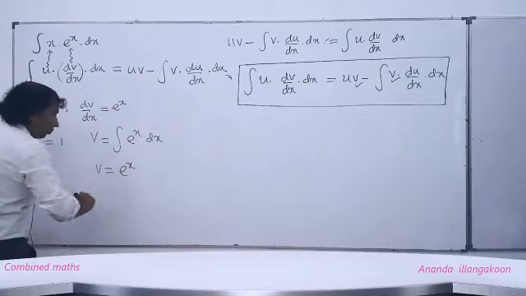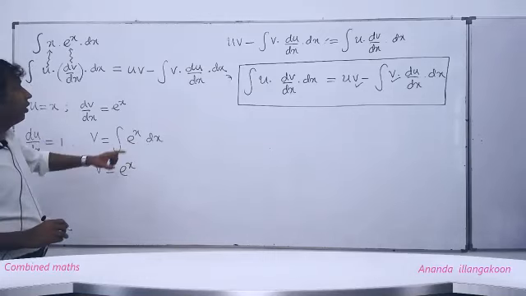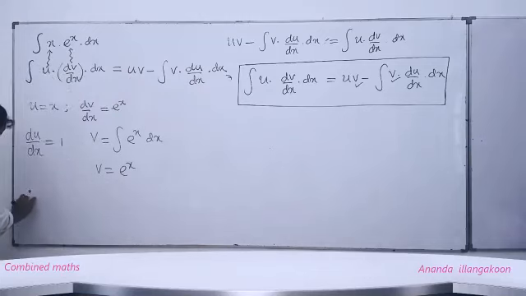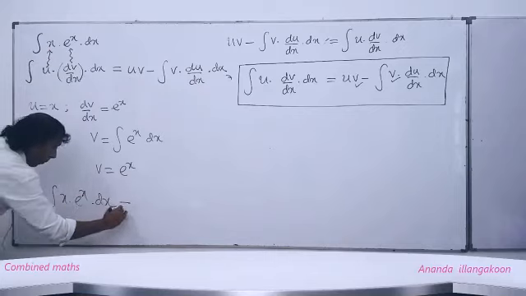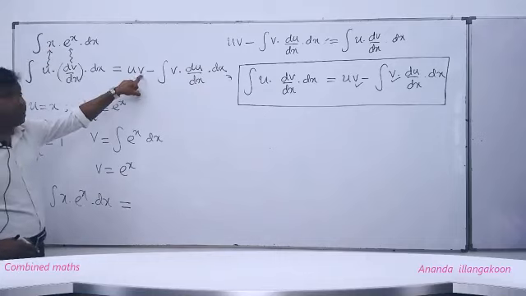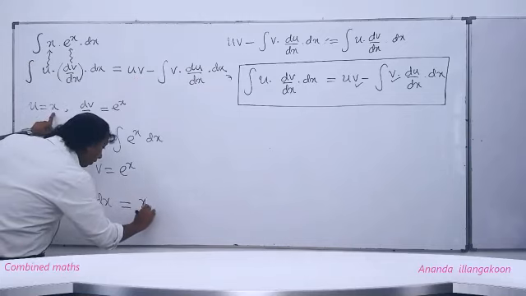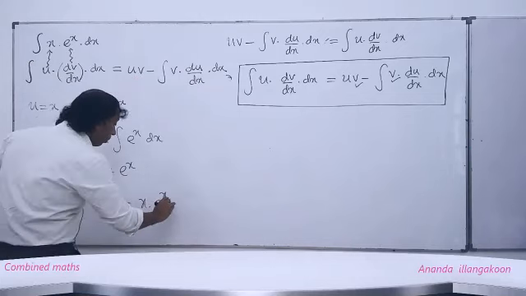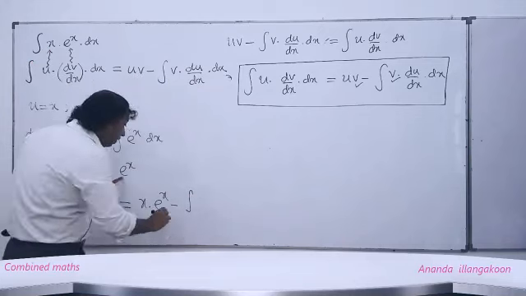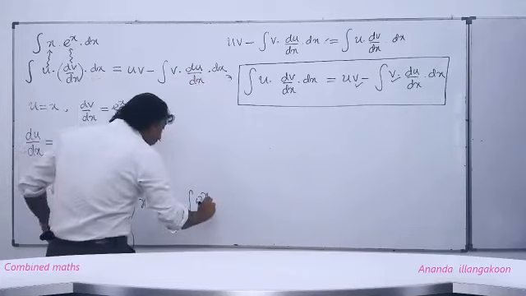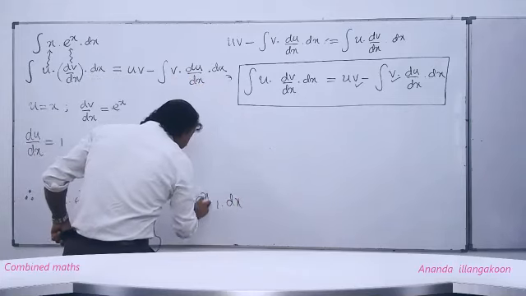We know this. Now what we do is, we substitute the things on the right hand side. Therefore, we can write the integral of x e^x with respect to x is equal to uv. What is u? x. What is v? e^x. So x into e^x minus the integral of v du by dx, that is e^x into 1 dx, which is e^x.